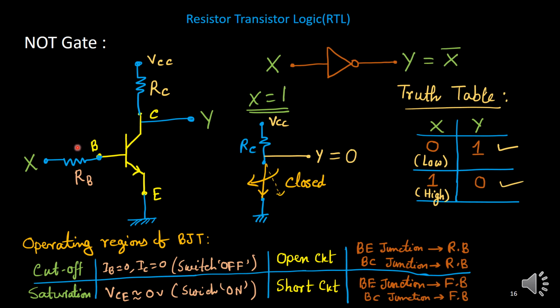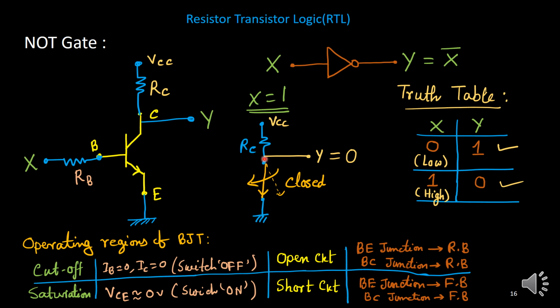Now, if I consider high potential at the input, what will happen? The transistor will be in the saturation region, so we need to choose RC and RB properly. Then only both the junctions will be forward biased. And if they are forward biased, the collector emitter end is shorted to ground.